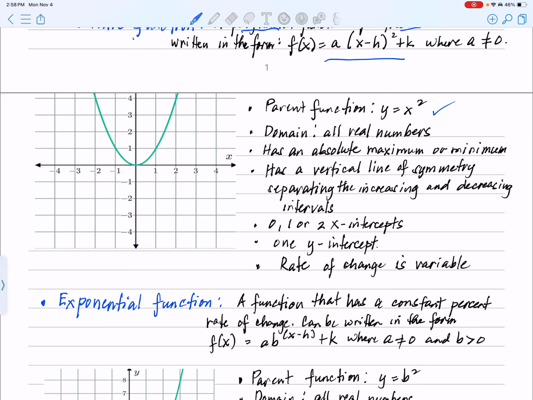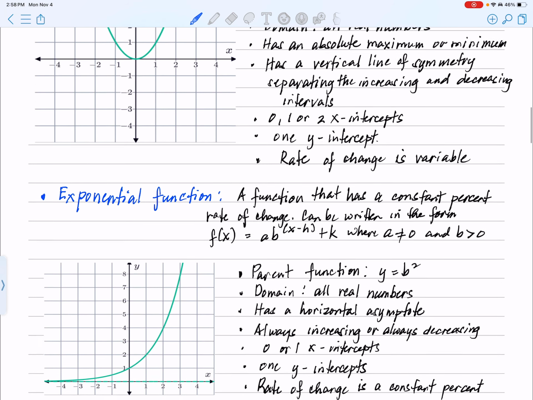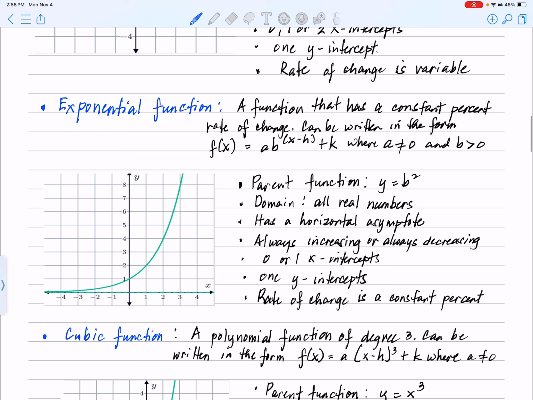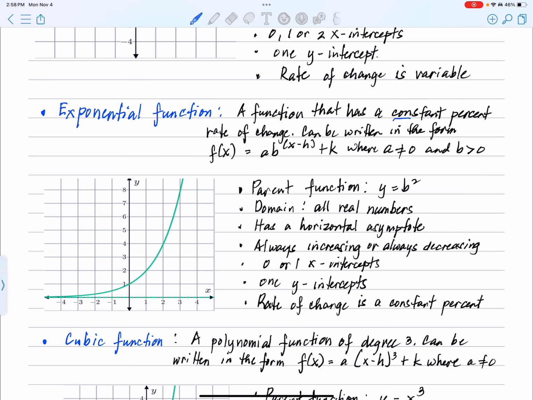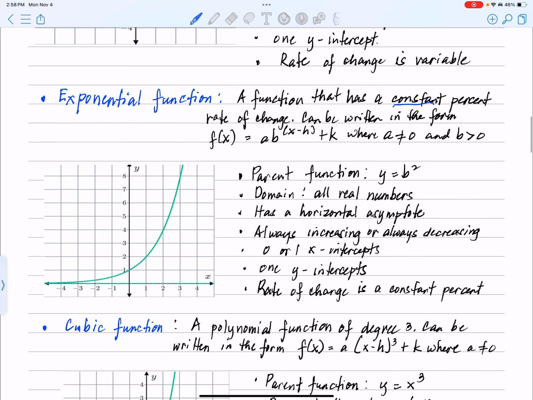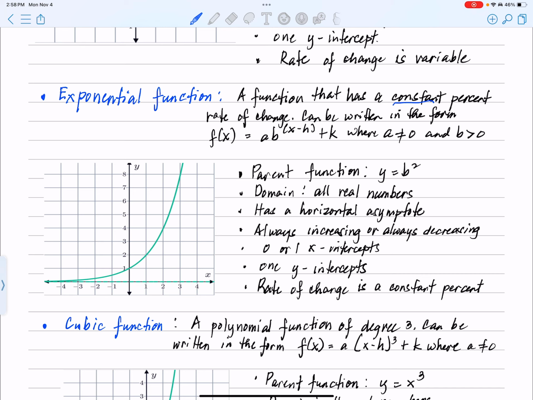As for the exponential function, it is a function that has a constant percent rate of change. The rate of change is constant percent in exponential. It can be written in the form f of x equals a times b to the power of x minus h, plus k, where a is not equal to 0 and b is greater than 0.